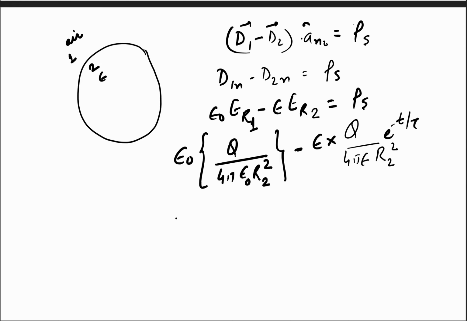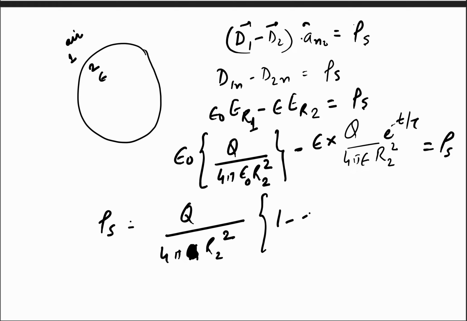So from this we can clearly see that this is equal to the surface charge density. So the surface charge density is equal to Q by 4 pi epsilon naught r2 square. This epsilon is going to get cancelled out, times 1 minus e to the minus t by tau.